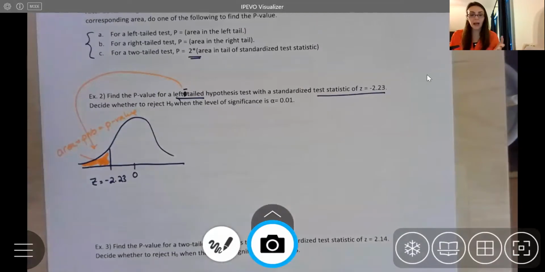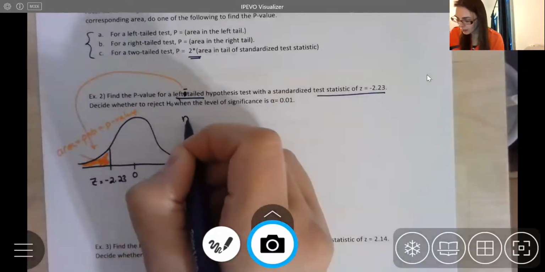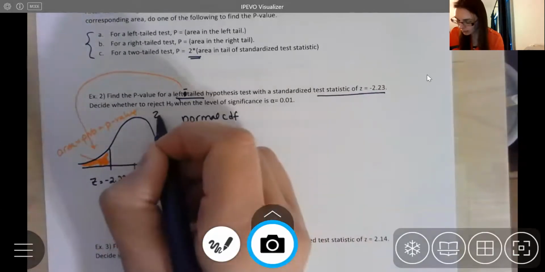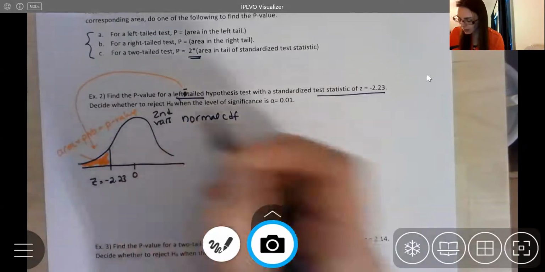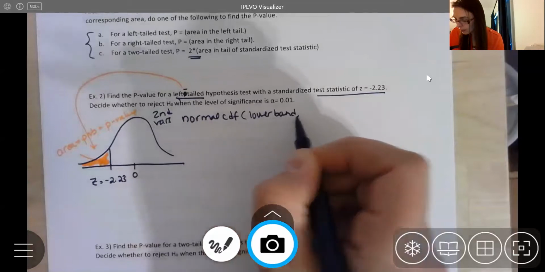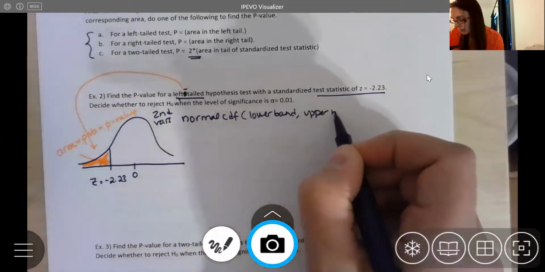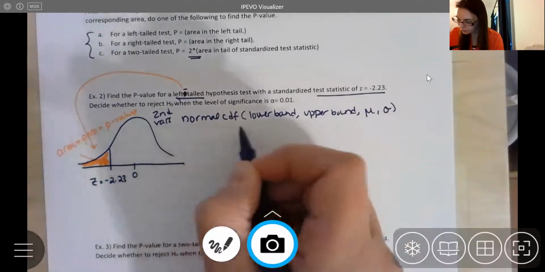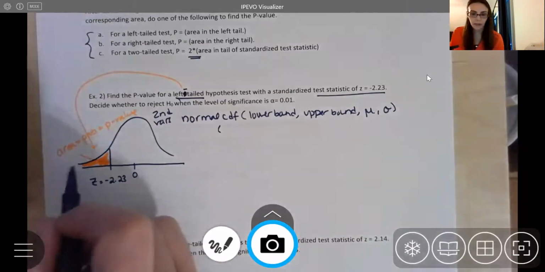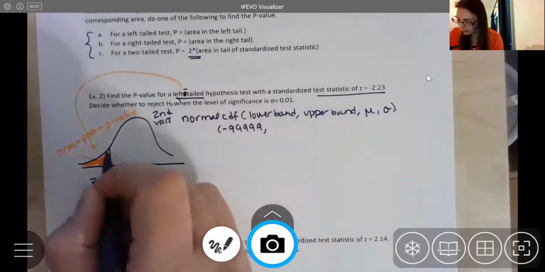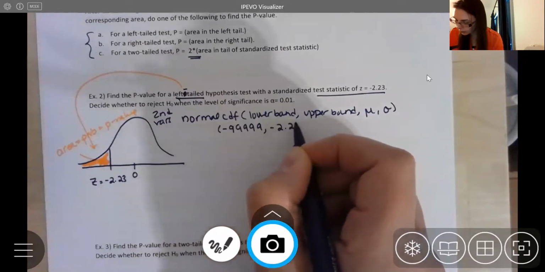So think back to how we found this. If you're using a calculator, we can use that normal CDF function. You're going to press second, then vars, and then normal CDF. And remember, you use your lower bound, your upper bound, your mean, and your standard deviation. In this case, this is going to keep going left forever, so my lower bound is negative 9.9999. My upper bound is at negative 2.23.